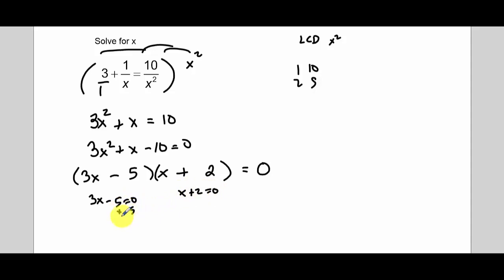Add 5, giving me 3x is equal to 5. Divide by 3. So x equals 5/3. Subtract 2 from both sides and get x equals negative 2.